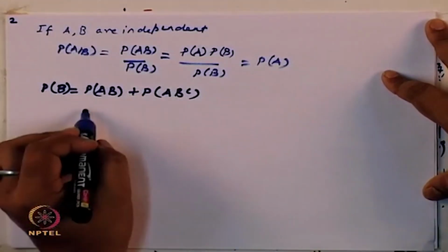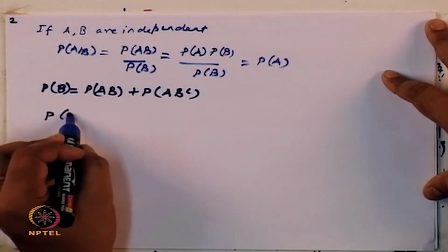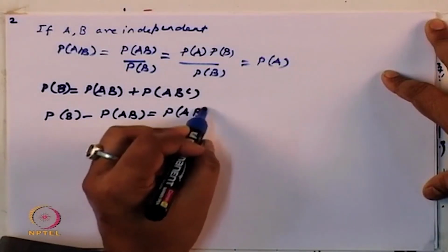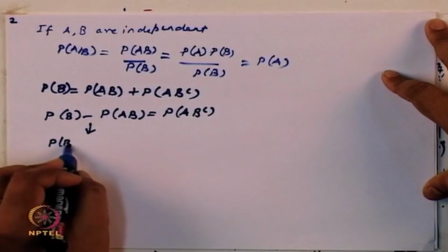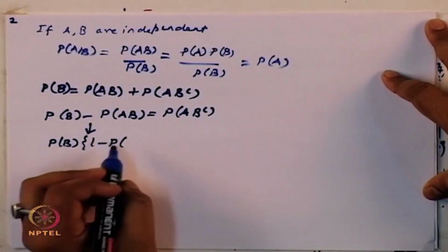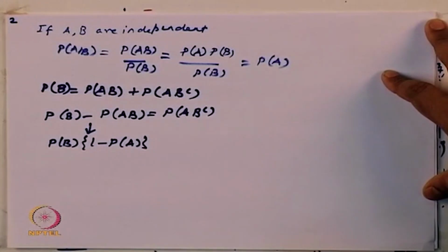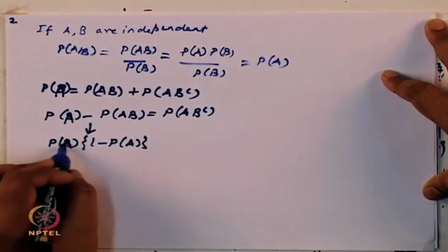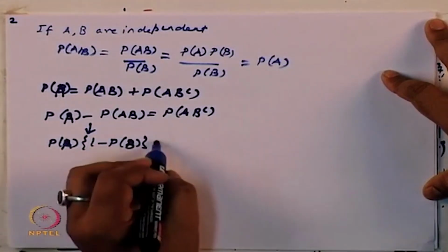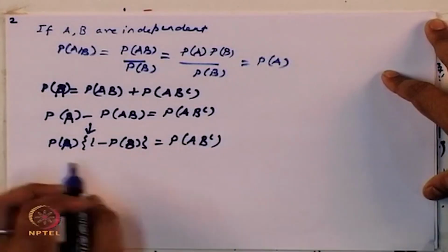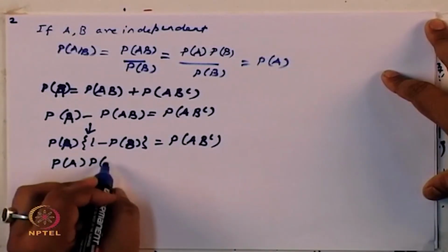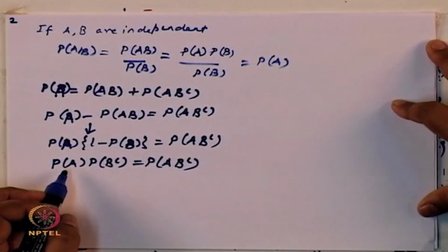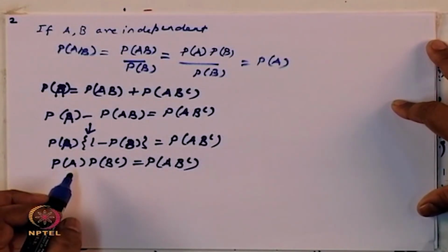I can take it to the other side and simplify this as P B into 1 minus P of A; that is, P B minus P A P B equals P of A B complement, and this is nothing but P of A into probability of B complement, which equals P A B complement. So, this shows that if A and B are independent, then A and B complement are also independent.